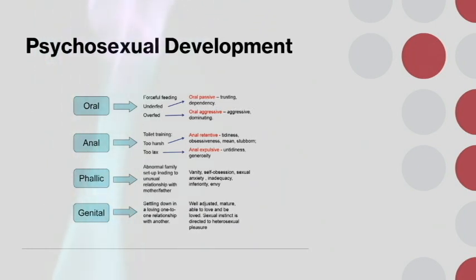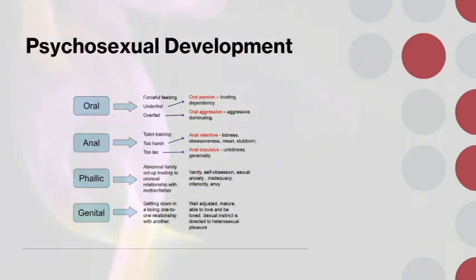Successful toilet training leads to a sense of mastery and autonomy, while unresolved conflicts may result in anal retentive personality traits, that is, being excessively neat and orderly, or, in contrast, anal expulsive, where you're messy and completely disorganized. So it's important to work through these stages, but then make a successful transition to the next stage in this process.